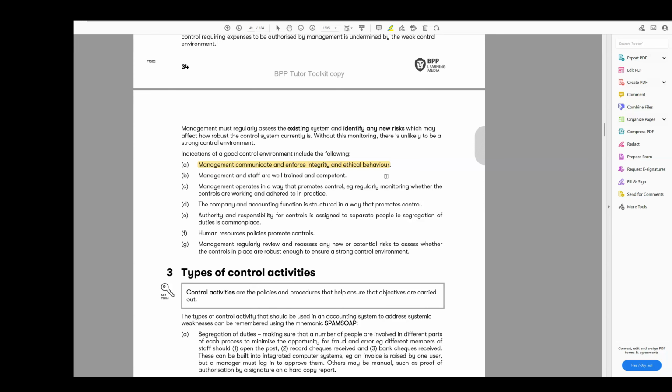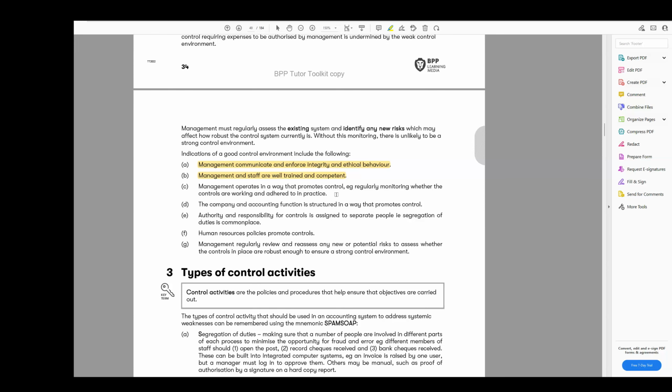Management and staff are well trained and competent, so they have to know the work. For example, if you don't provide proper training to the employees or the management, maybe by mistake, even without intention, they might break the internal control, or maybe they will not follow it because they don't know how to use it. Then, management operates in a way that promotes the control.